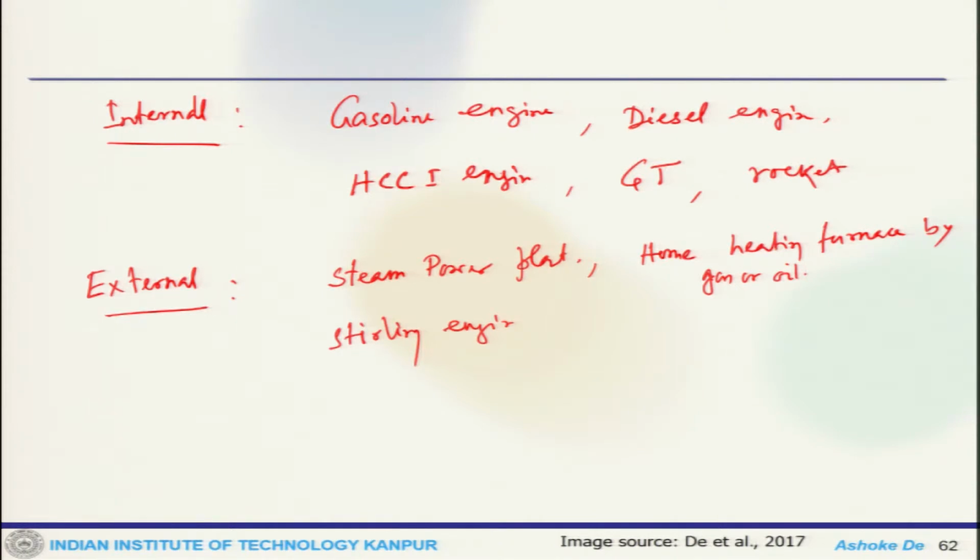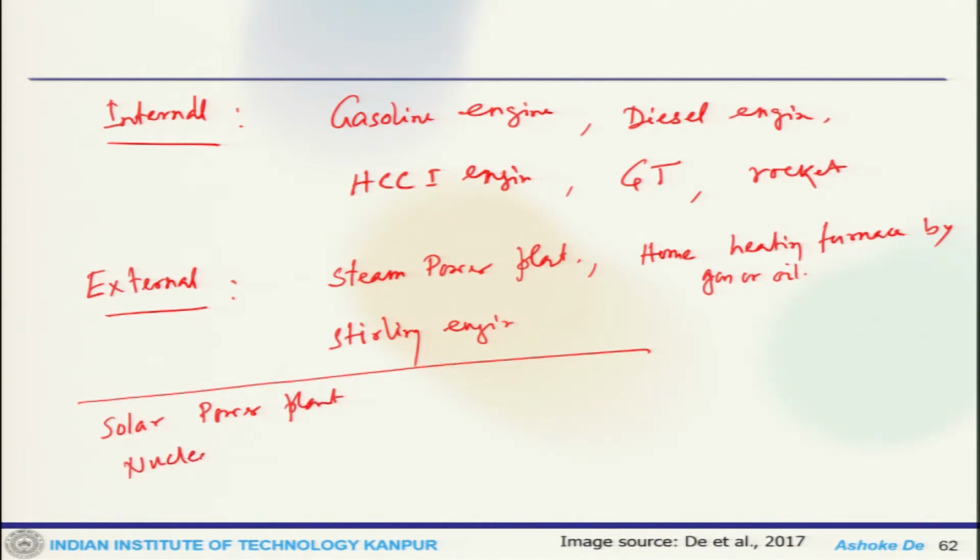Now there are some more engines which we do not categorize as either internal or external. For example, solar power plant, then nuclear power plant, fuel cell, electric rocket propulsion.